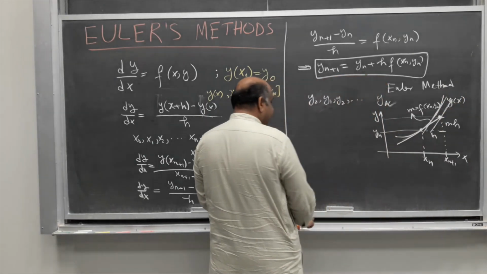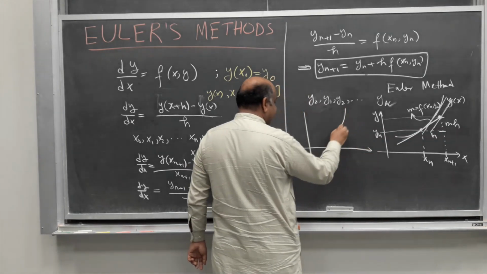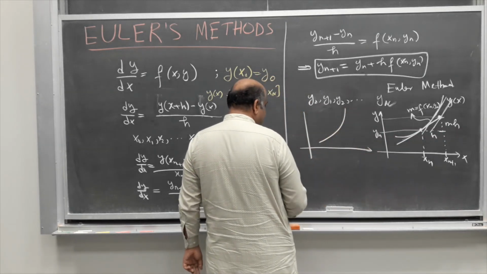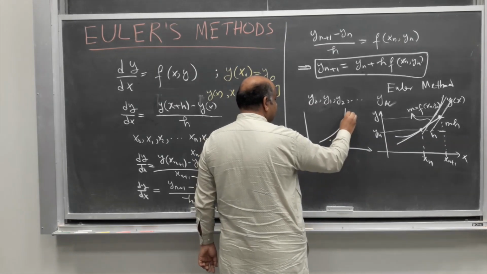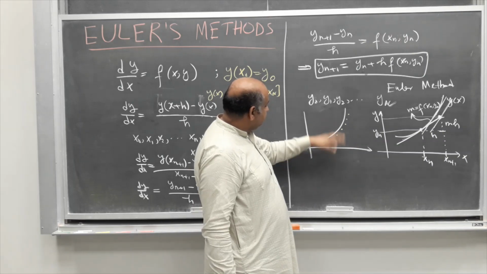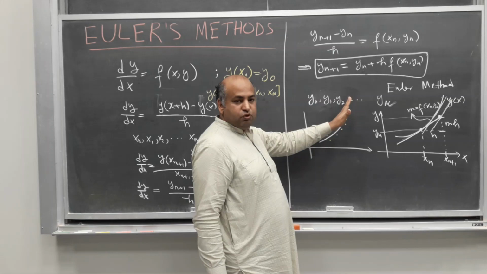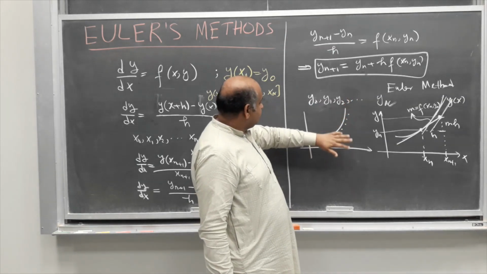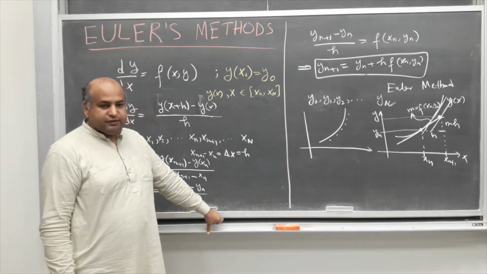If we have an actual solution like this, our numerical method is trying to approximate the solution and successively trying to go closer to this. So this is how Euler's method works.